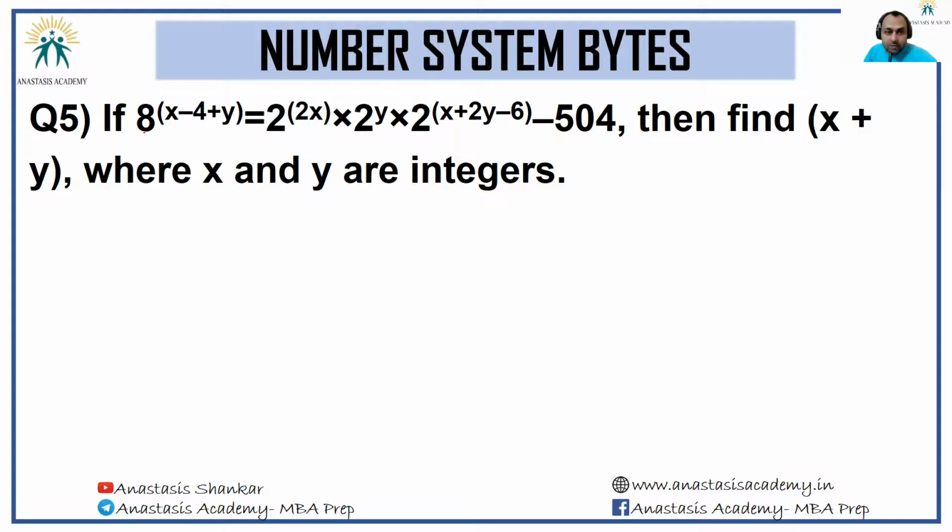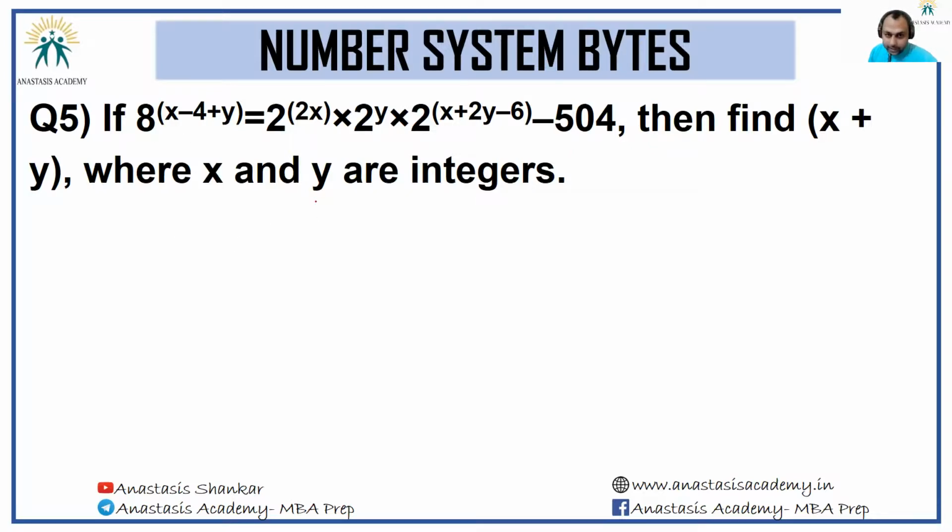Last question. If 8 raised to the power x minus 4 plus y is equal to 2 raised to the power 2x into 2 raised to the power y into 2 raised to the power x plus 2y minus x minus 504, then find x plus y.